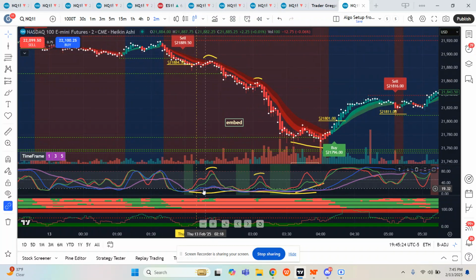So one of the questions was, we'll just start here because it's at 2 o'clock, is when you get the blue and the purple, the 40 and the 60, just embedded straight down, and it looks like it's oversold, like it's going to pop up at any time. But in reality, if you were to take a trade right here when it starts to curl up, it would flush down.